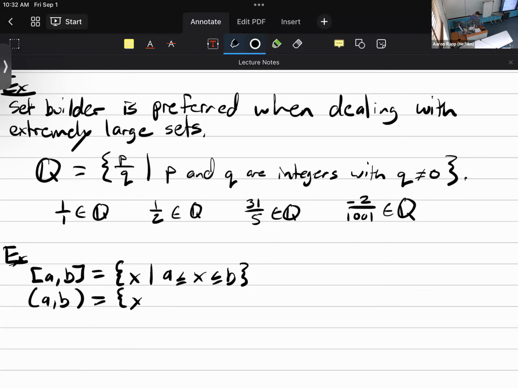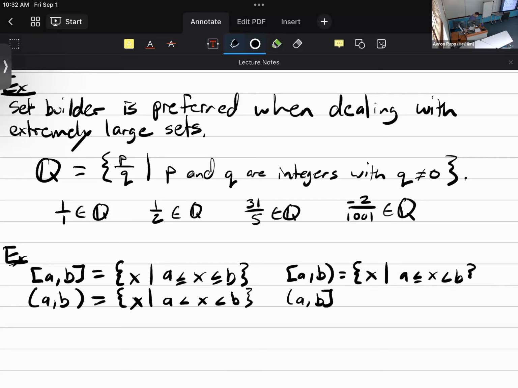Well, all x's such that x is strictly greater than A and strictly less than B. And we had our other two cases, partially open.